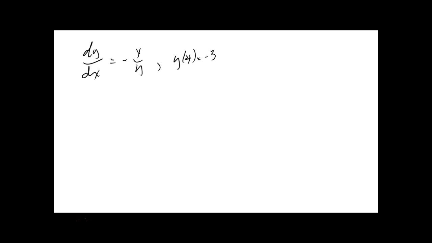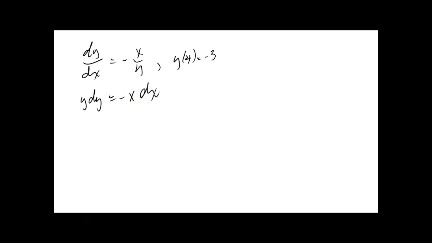Well, again, what you want to do is separate your variables, which is write this in, after a while, I think you'll get to doing, because I do it too, write it in differential form and separate the variables at the same time. So multiply both sides by y while you're writing in differential form, and you get y dy is equal to minus x dx.